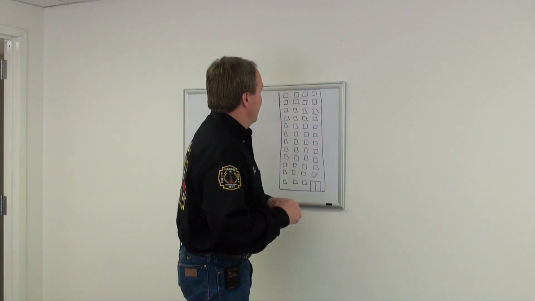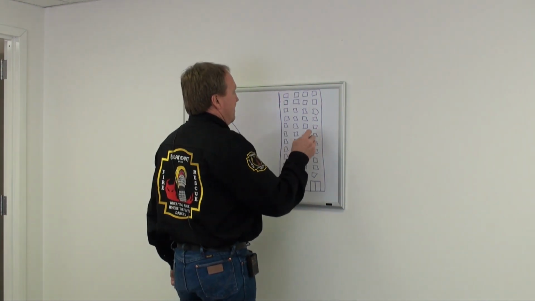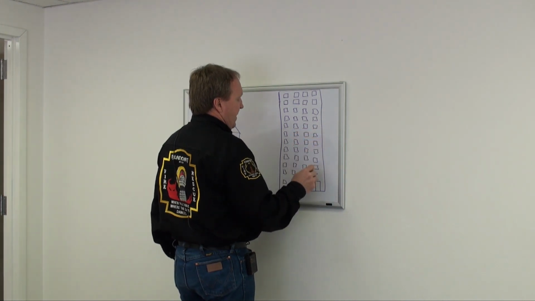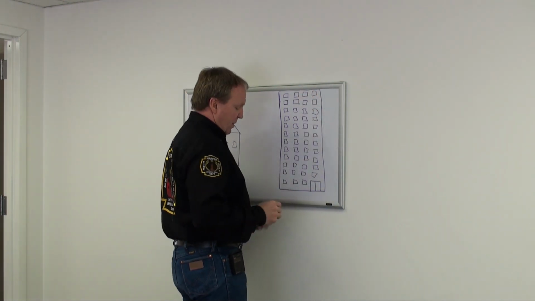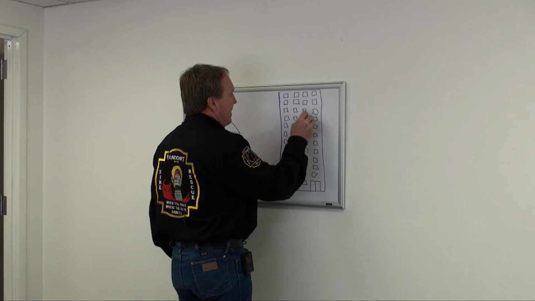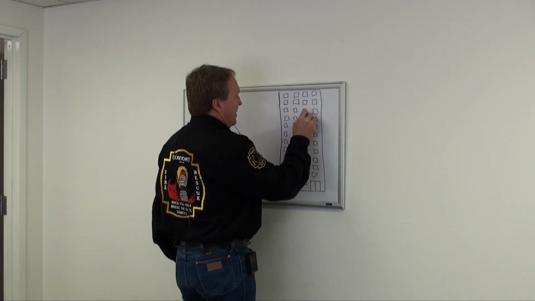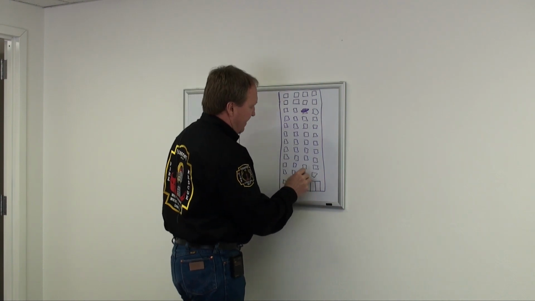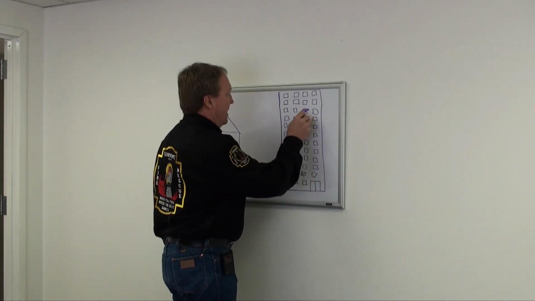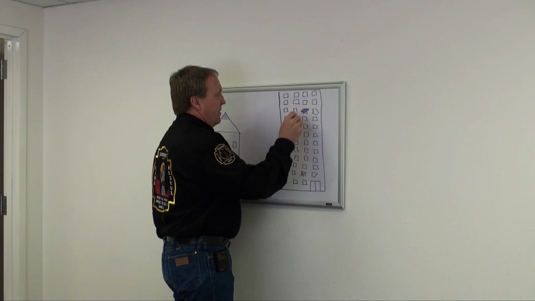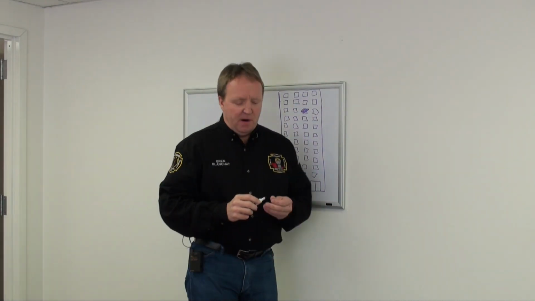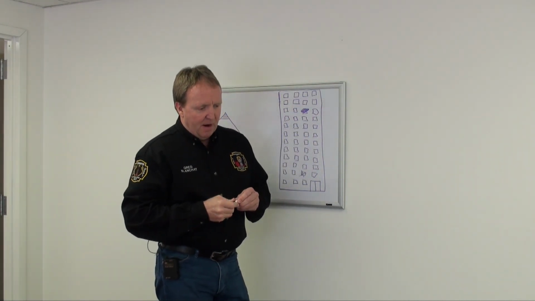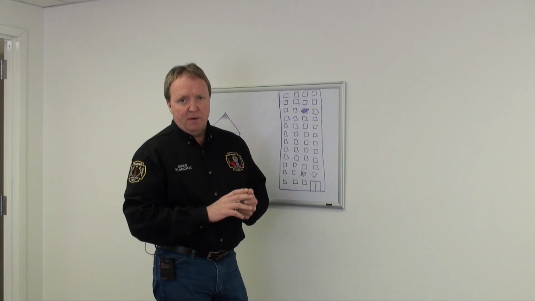A good example of this: I had an uncle who lived in an assisted living building. It was a 12-story building. They had a fire on the 9th floor, and he lived on the 2nd floor. The fire started in the kitchen, and by the time the fire department arrived, the fire had spread to the entire apartment.